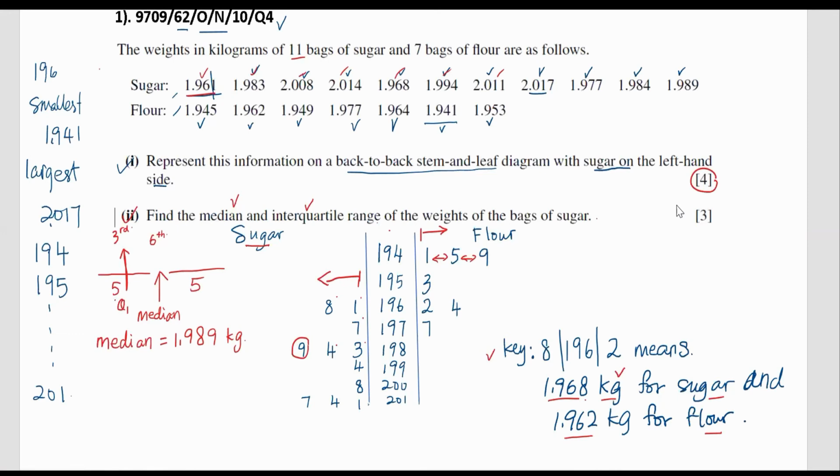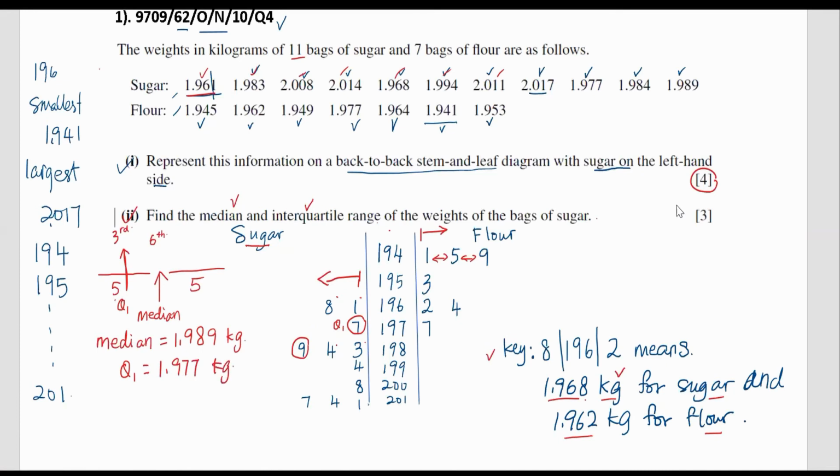We count from the lower half: 1, 2, and 3. This will give us Q1. I'm using Q1 to represent the lower quartile, and the value of the lower quartile is 1.977.